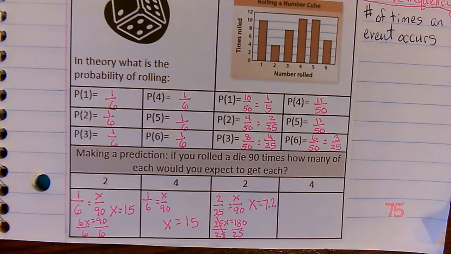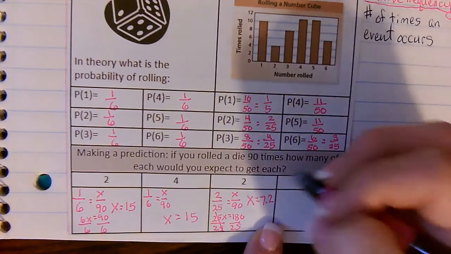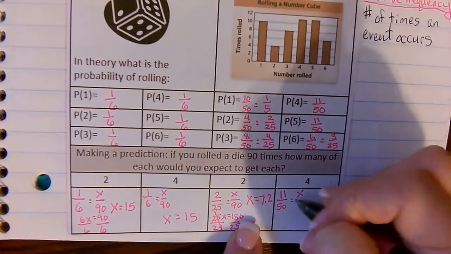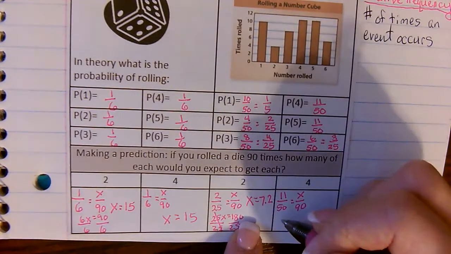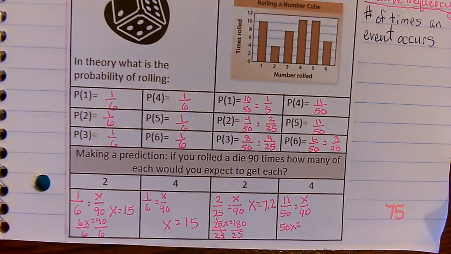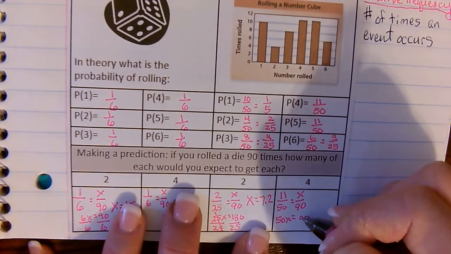Okay, let's try the 4. Now in this case, the 4, the probability is 11 out of 50. So 11 over 50 equals x over 90. So you multiply diagonals again, divide the other side. 50 times x is 50x, right? And then 90 times 11 is 990, I believe.